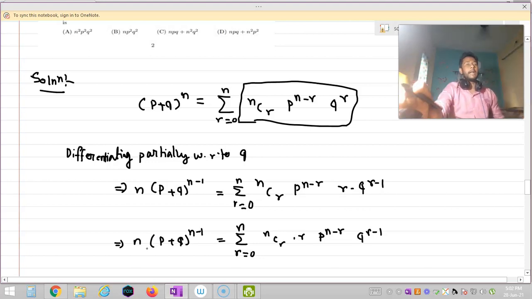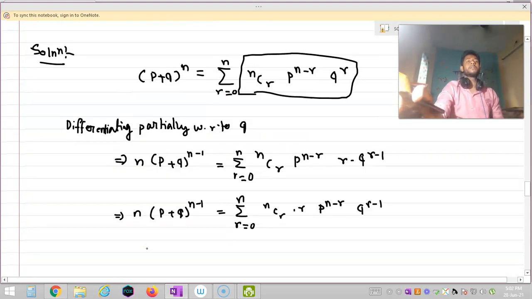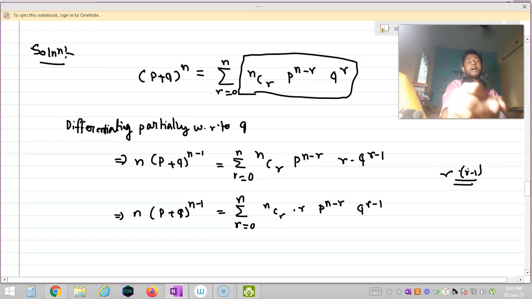Now you can see that if I differentiate both sides again with respect to q, I will get a term r(r - 1), so I am going to avoid this. Instead, I am going to multiply both sides by q.